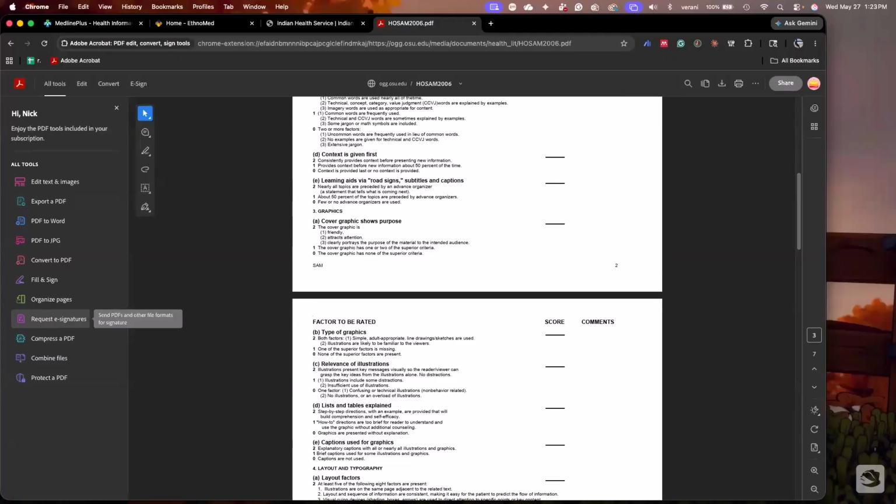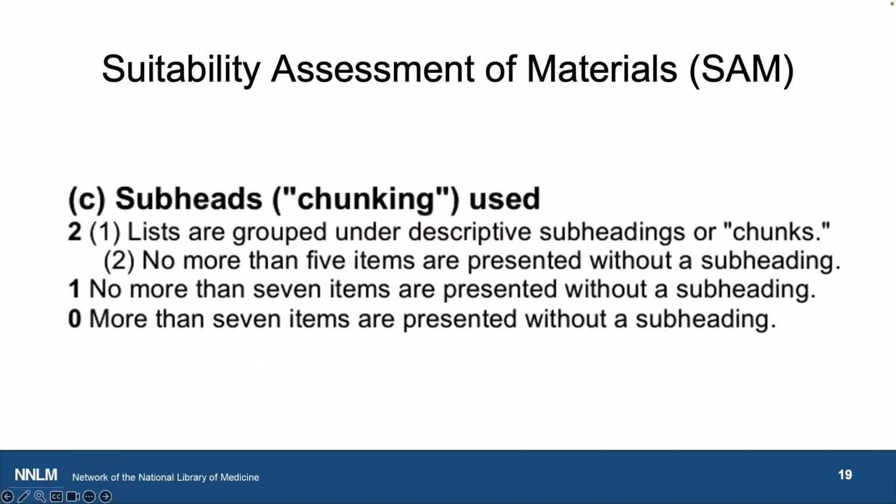I want to give you a chance to really apply this, at least part of it, to the next example we'll see here. Let me get back to our screen really quick so we can see. With the criteria in mind, we're going to share a link in the chat to a printed document about pertussis.